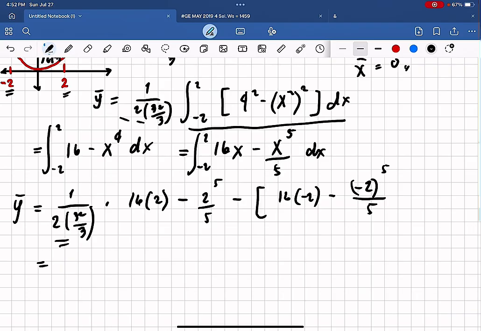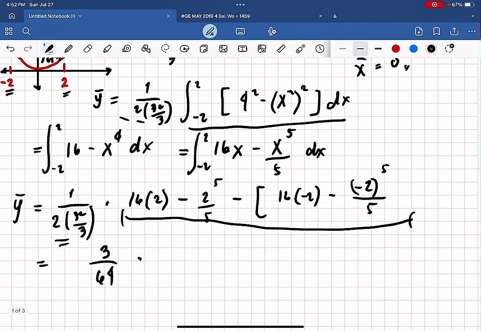In the calculator, the value for this is equal to 3 over 64. So plugging this in the calculator gives us the answer of 96 over 5. So this is 288 over 320.